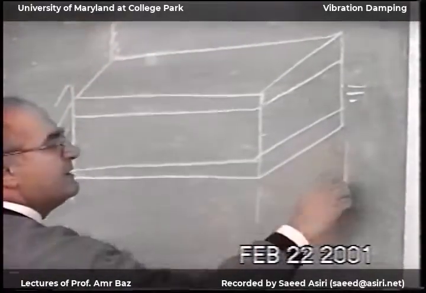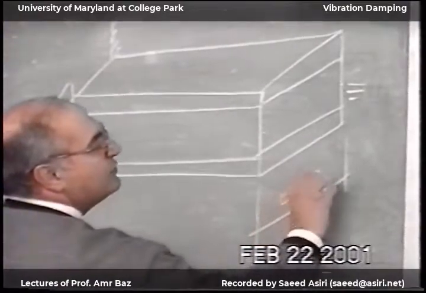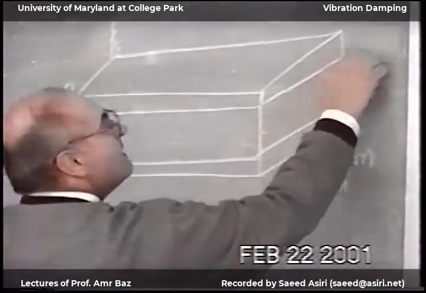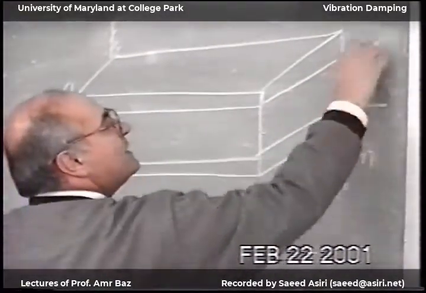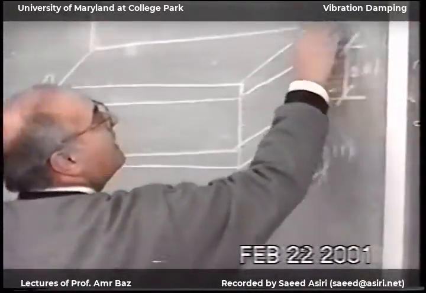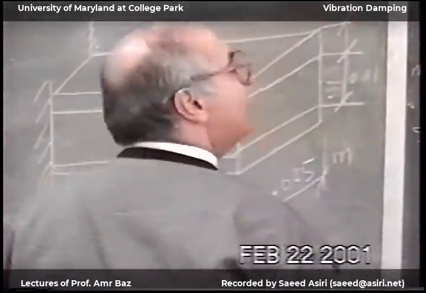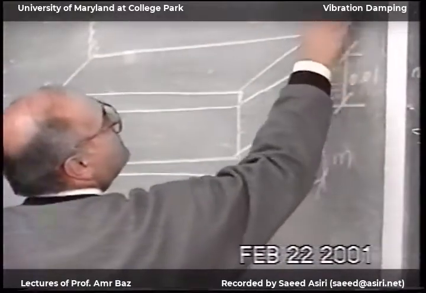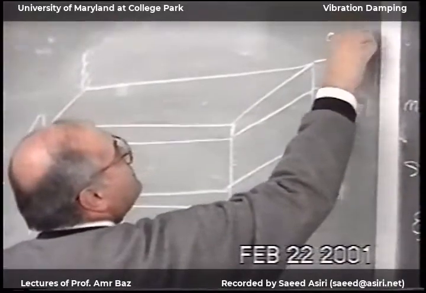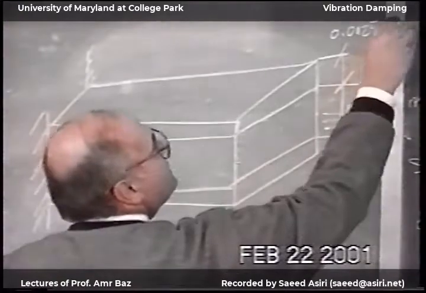So this is 1 centimeter, 1 inch or 0.025 meter. The thickness is 1 centimeter or 0.01 meter, and the viscoelastic I think was 0.025 meters.